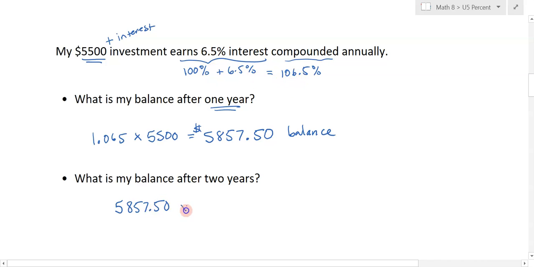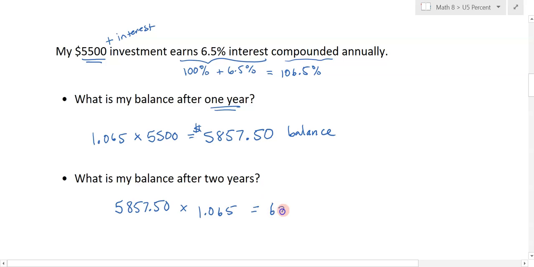So at the end of the second year, I'm going to have 106.5% of what I have in the bank there. Instead of writing that, I'm just going to divide by 100 again and write 1.065, without the percent sign. And now I calculate that.